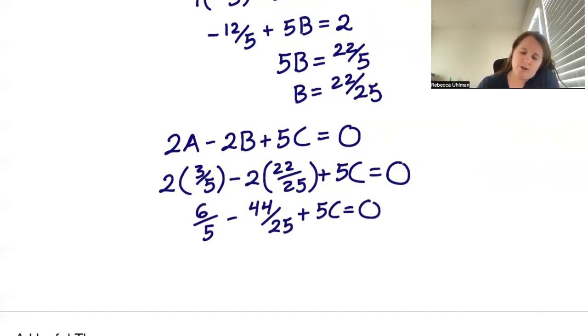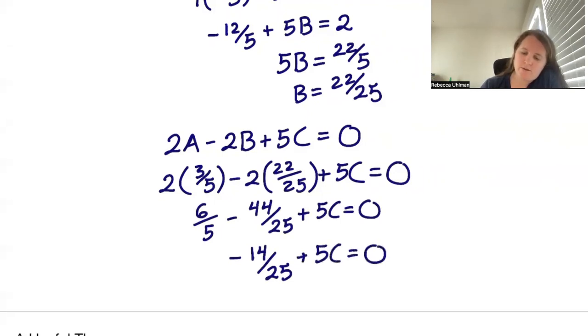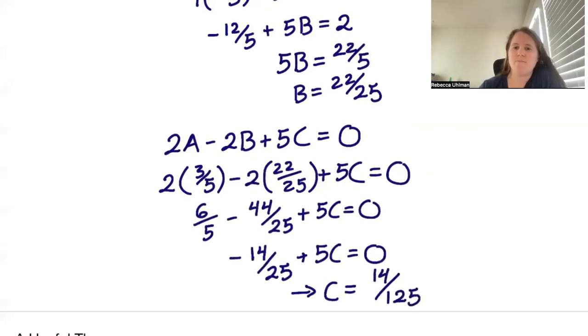That becomes 30/25 minus 44/25, which is negative 14/25, plus 5c equals 0. And we get that c is equal to 14/125. So we didn't need that plus c in order to solve our system where we matched our coefficients.